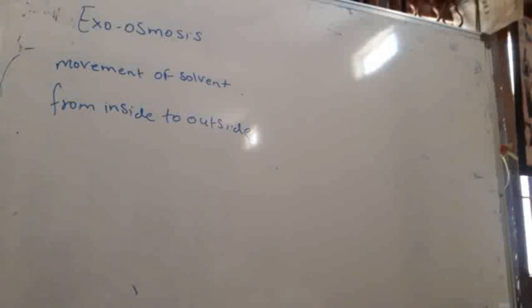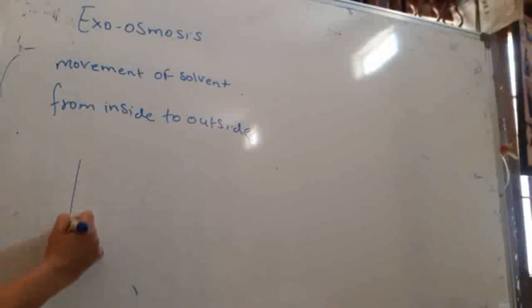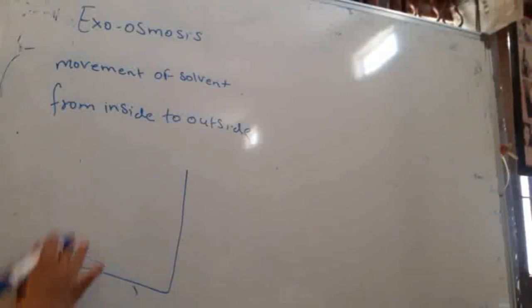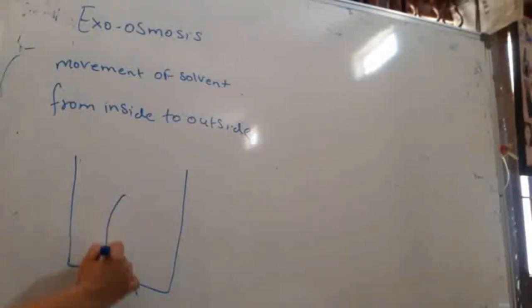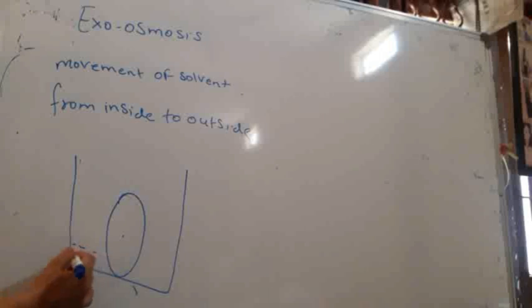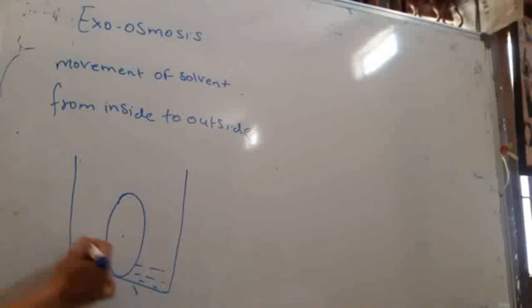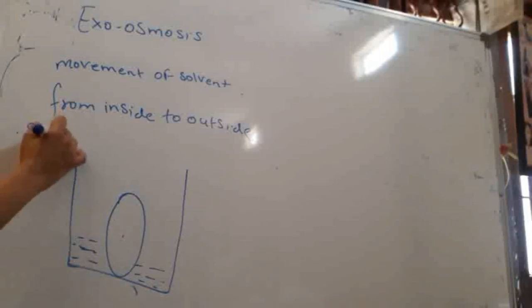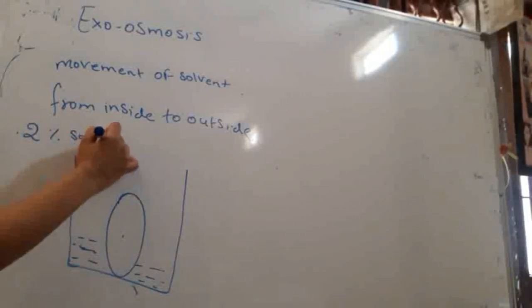Let us take an example of an erythrocyte, that is RBC, an animal cell. We have taken a beaker. In this beaker we have taken an animal cell and a solution. Let us take an example of 2% sodium chloride solution.